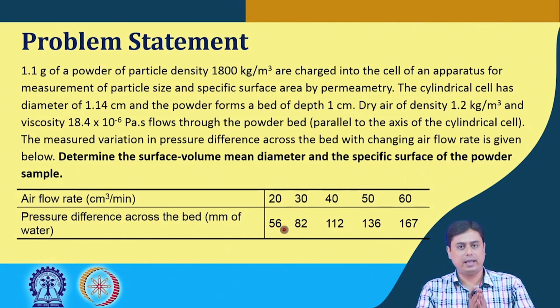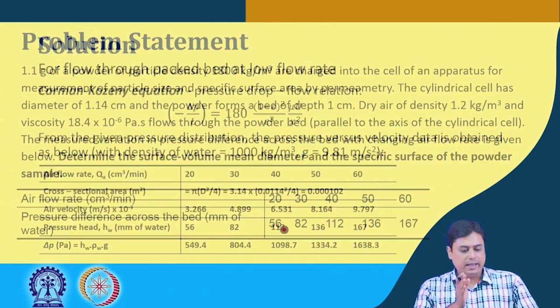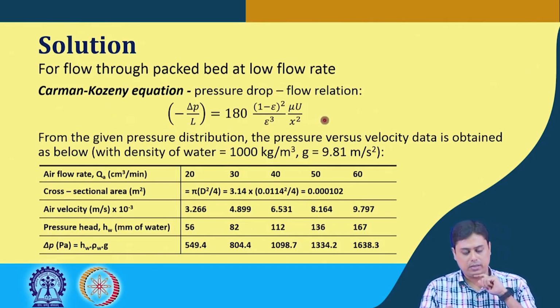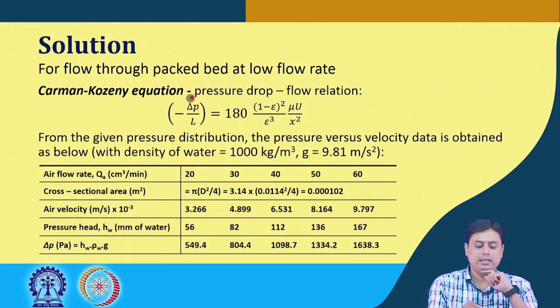Here the fluid is the gaseous phase, or the air, of known density and known viscosity. So if you look at this expression, this Kožený-Karman equation, this is the expression that I showed earlier as well. Now here this del P is given.